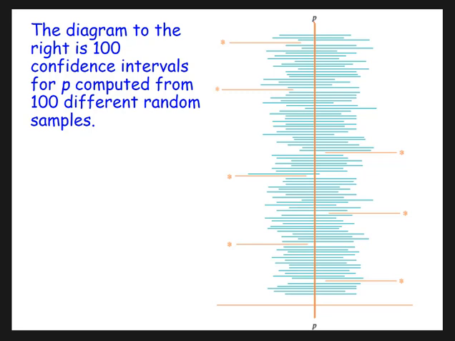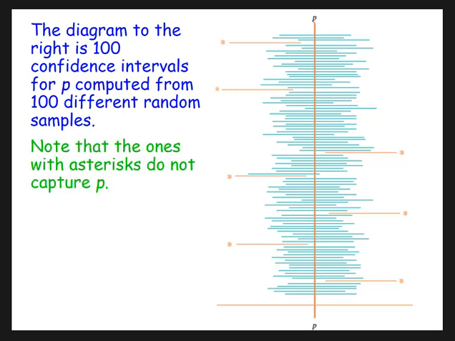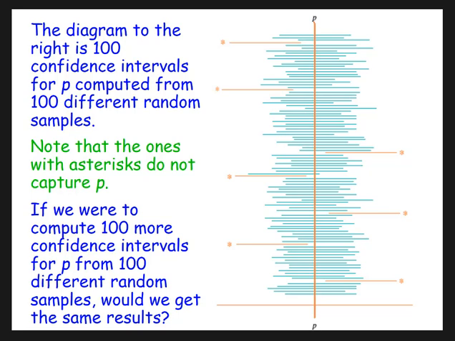There are actually 7 in this illustration that don't contain it, but on average there would be 5 that would be outside. Note that the ones with asterisks do not capture P. So the ones that are in the brownish color are the ones that don't contain the true population proportion. If we were to compute 100 more confidence intervals for P from 100 more different samples, we would get similar results.